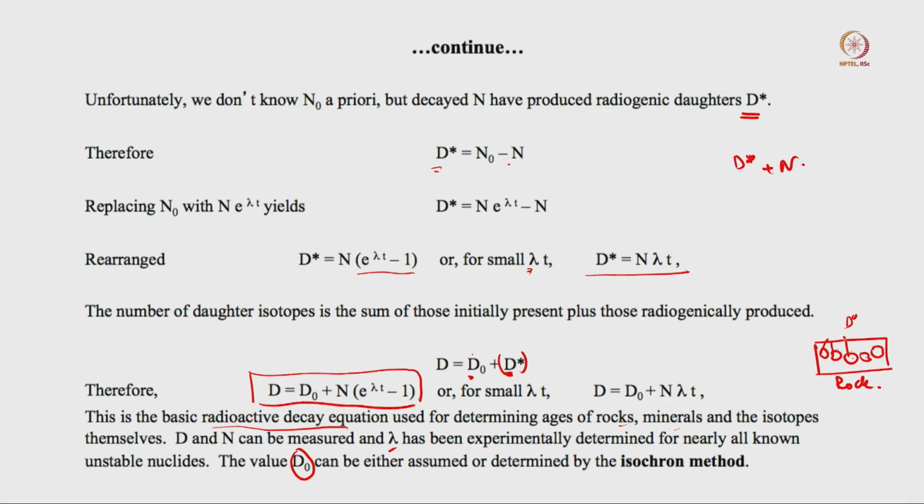The different mineral patches will all undergo decay. So, there is a particular method: if you measure all the different minerals, then what you will get is that at this particular time, that is T0, there will be this D0 value, which will be the same for all the minerals.